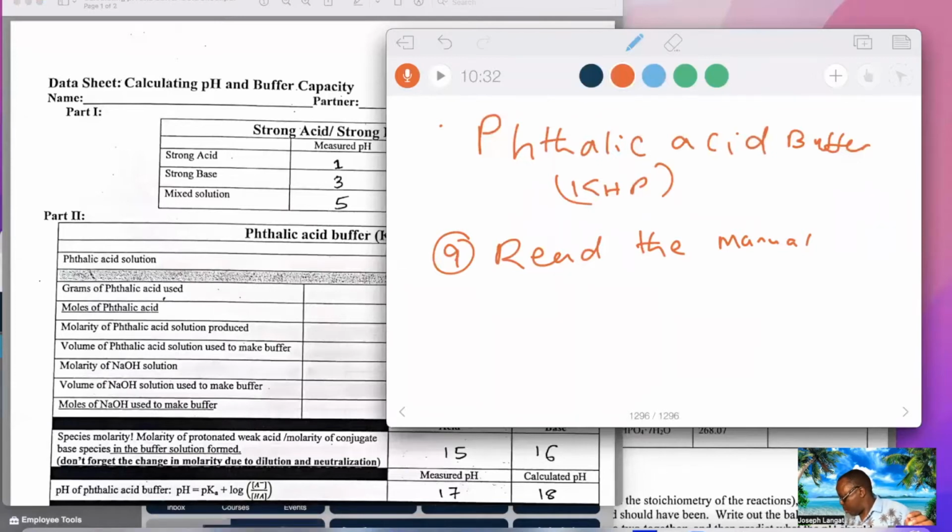Let me look at the grams of phthalic acid, KHP. The mass is 0.82 grams of KHP.